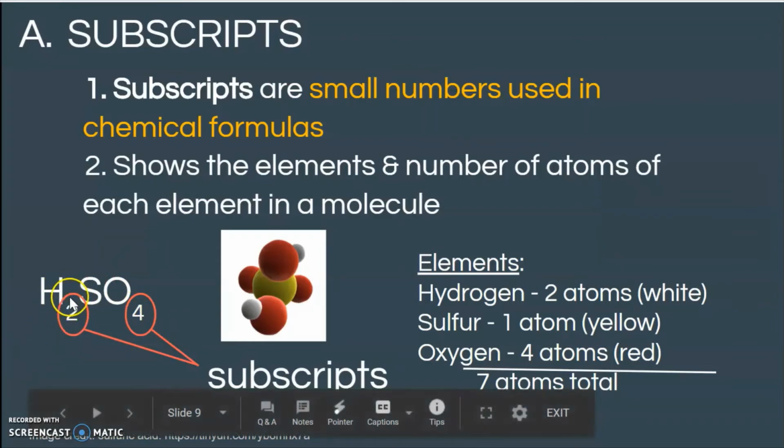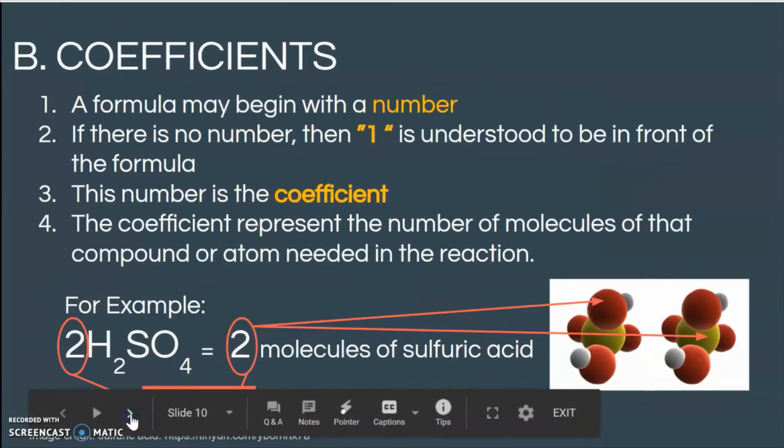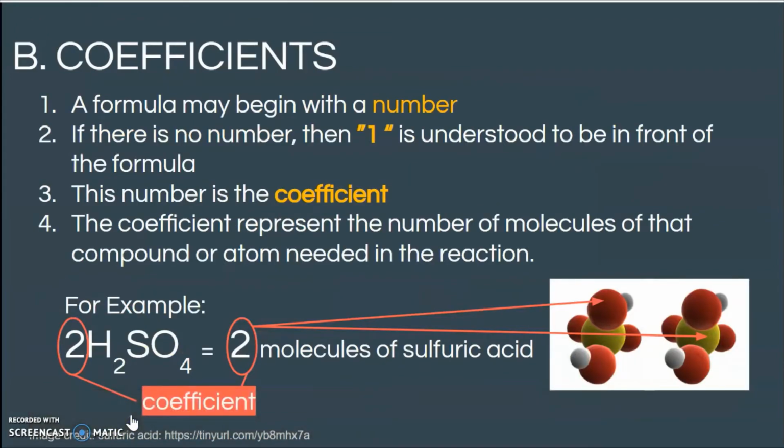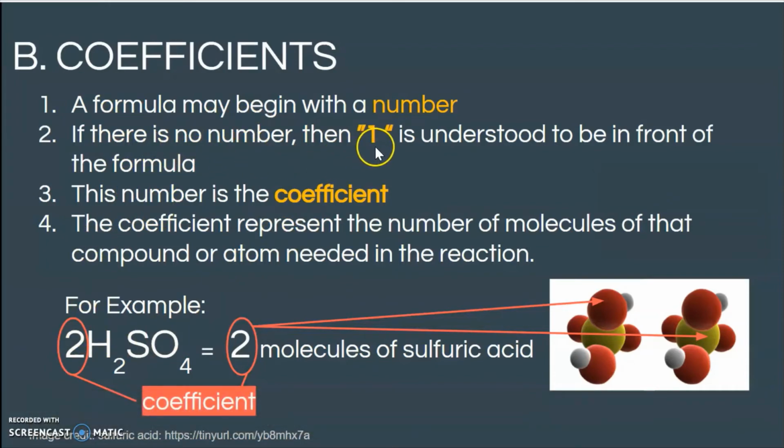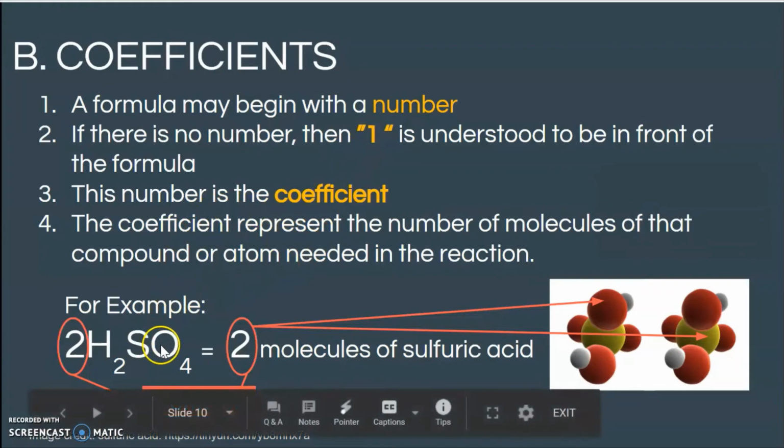If we change one of these, it's going to change what the actual compound is, and we can't just haphazardly do that. Now, coefficients, on the other hand, are a number out in front of the formula. If the formula begins with a number, that's called a coefficient. If there's no number, it's understood to be 1, in the same way that if there's no subscript, we assume that it's 1.